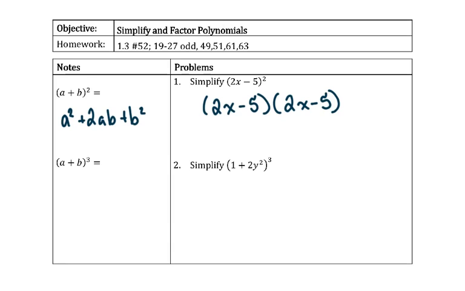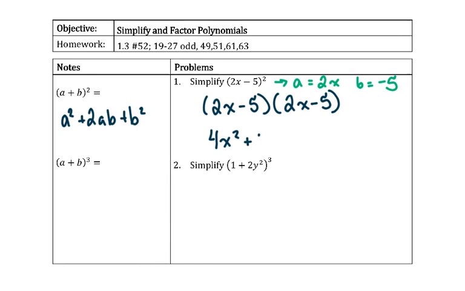So if you want to use that as well, here we see that our first term a is 2x, and b is -5. Make sure that you're putting that negative with the number it comes after. So then a squared would be 4x squared, which would also be the first if you FOILed it, plus 2ab.